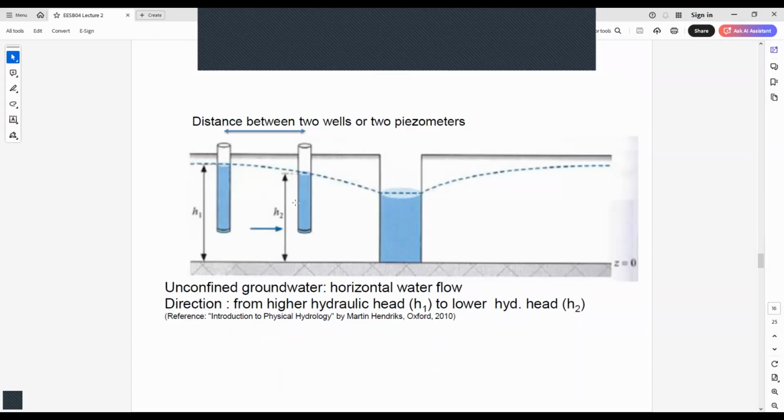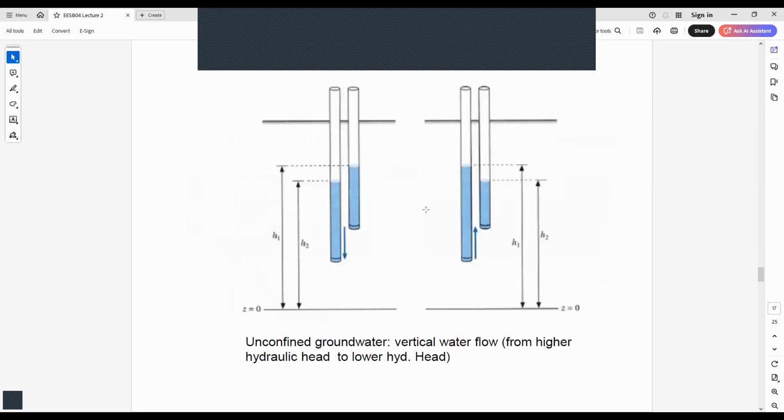In order to run calculations, you want to know the distance between two locations and also the difference in elevation of the water in order to determine the flow. In this case, you would say the water level, or the head H1, is higher than the head H2. This might just be a function of the well being drilled to a deeper depth.